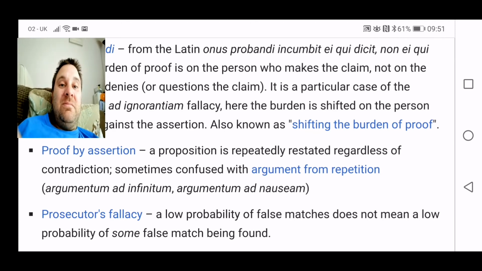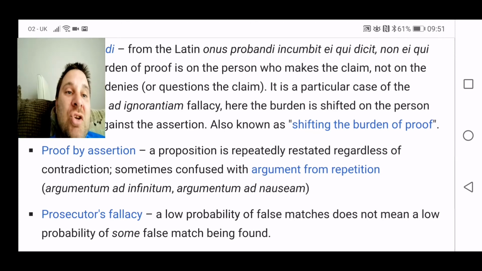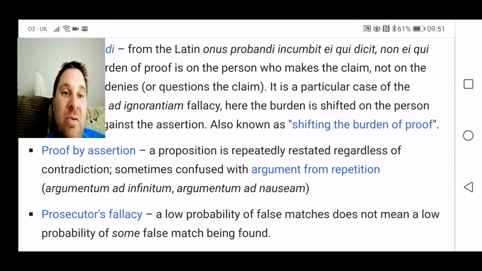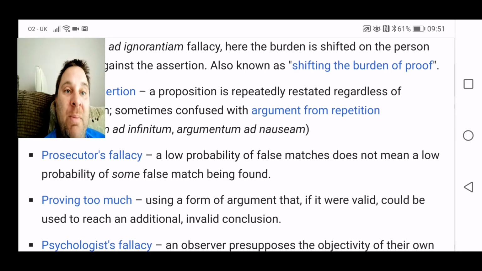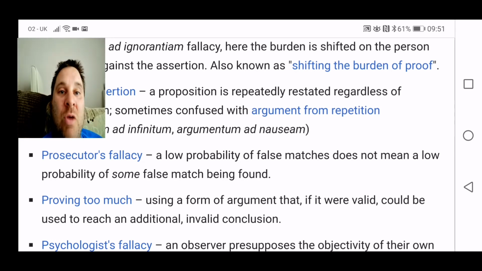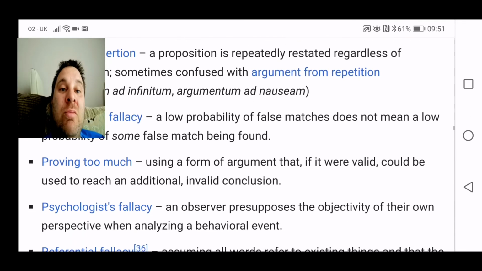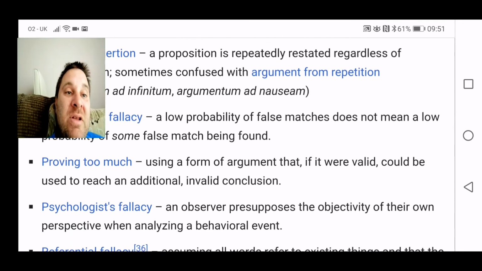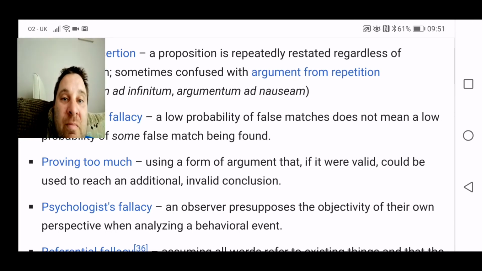Proof of assertion. A proposition is repeatedly restated regardless of... we've already done that one. Right, that's an ad nauseam one. Prosecutor's fallacy. A low probability of false matches does not mean a low probability of some false match being found. Proving too much. Using a form of argument that, if it were valid, could be used to reach an additional invalid conclusion.